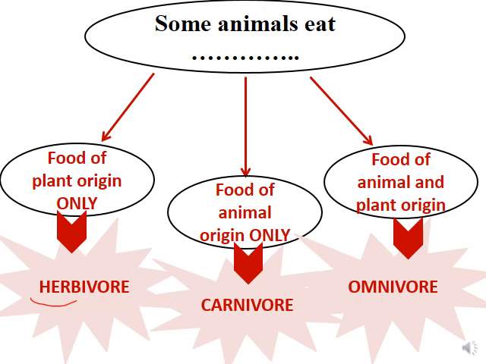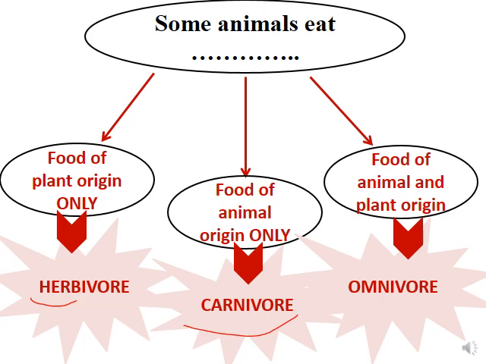And the animal that consumes food of animal origin only is called carnivore. An example of this is the dog that eats meat. So it consumes food of animal origin only, so we call it carnivore.